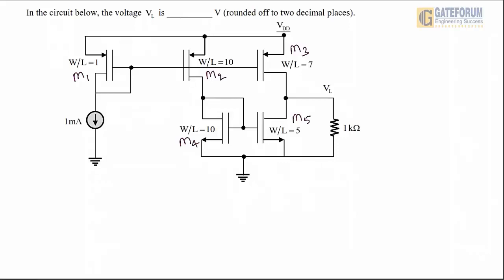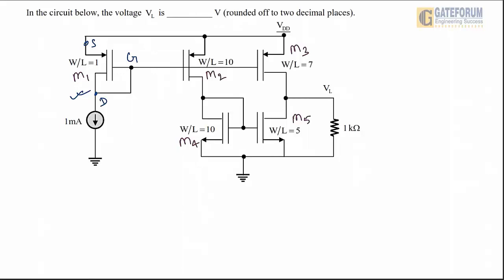So there are 5 MOSFETs used here, and for this MOSFET, this is the source terminal, this is the gate terminal, and this is the drain terminal. As we know, when the drain is shorted to the gate, that MOSFET must work in the saturation region.